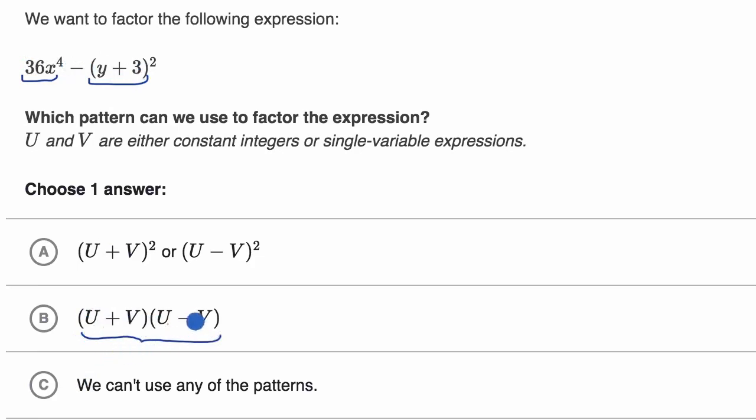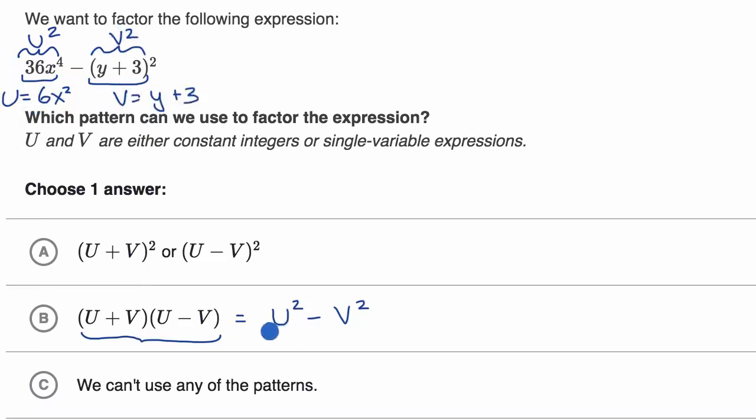Remember, u plus v times u minus v is equal to u squared minus v squared. So if this is equal to u squared, then that means that capital U is equal to 6x squared. That works. And if this is equal to v squared, well, that means that v is equal to y plus 3. So this is fitting this pattern right over here.